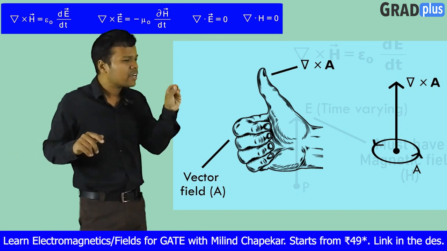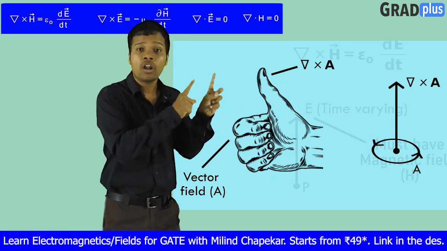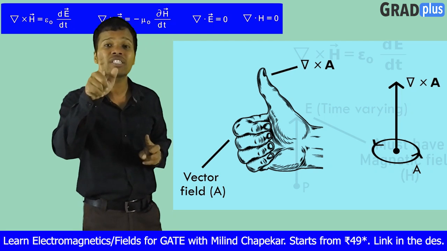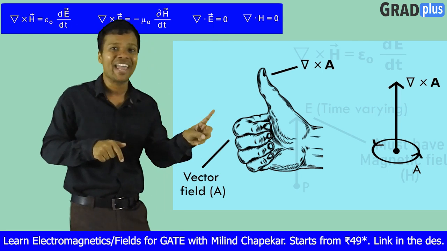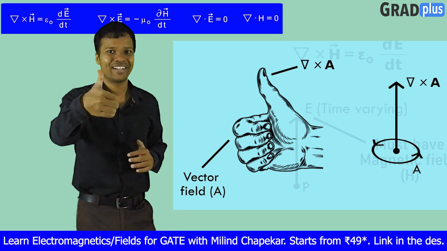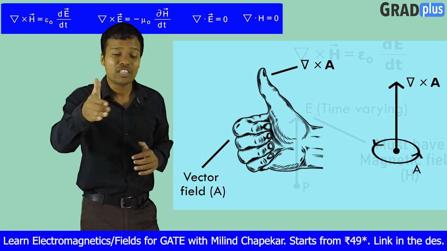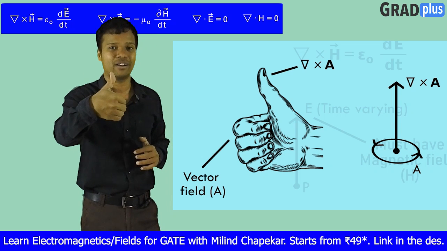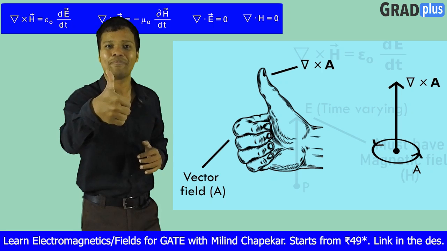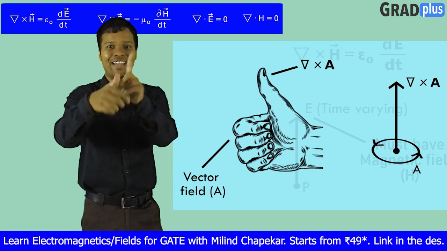So if A vector is any field vector, as you can see from the screen, then curl of A, del cross A, would lie, as you can see from the screen, according to right hand thumb rule. Yes or no? The fingers of your right hand, they will be along this maximum circulation of vector field, and this thumb, it will denote the direction of curl vector. Am I right?